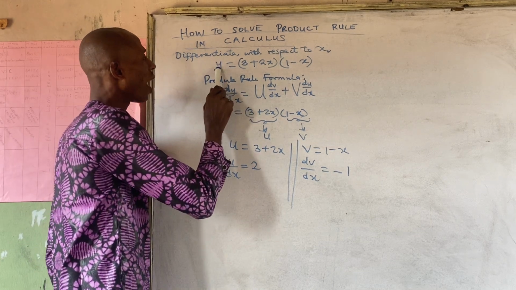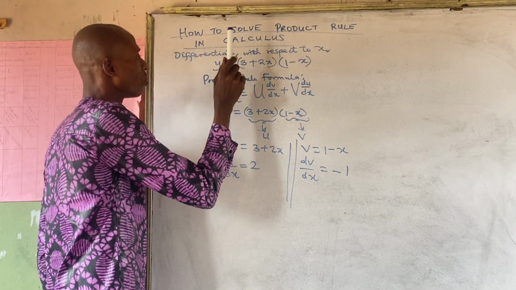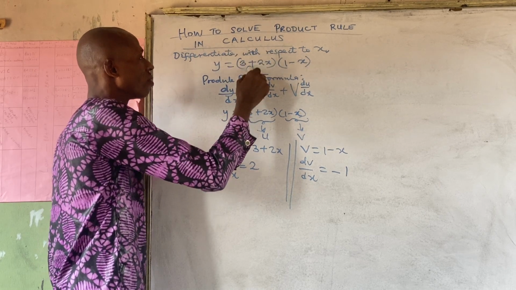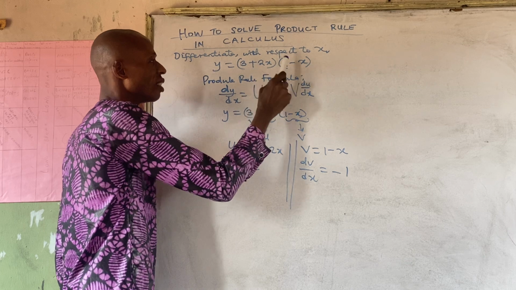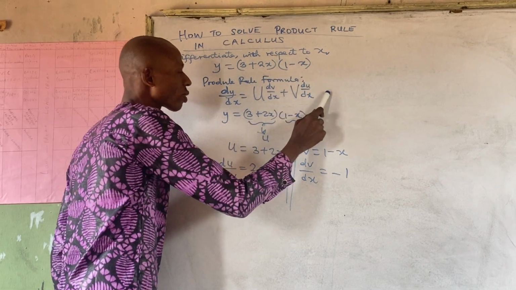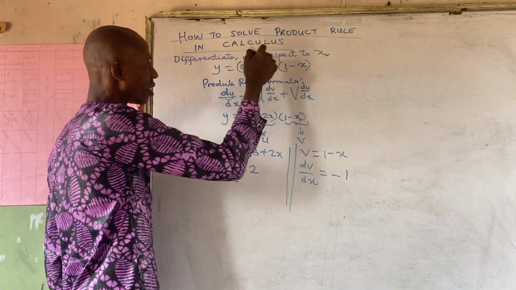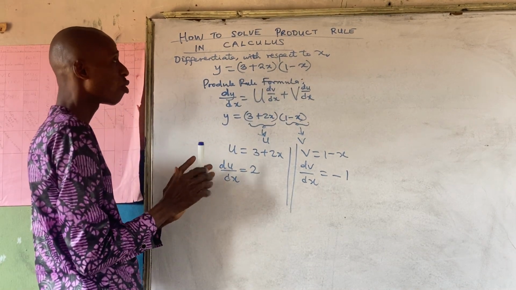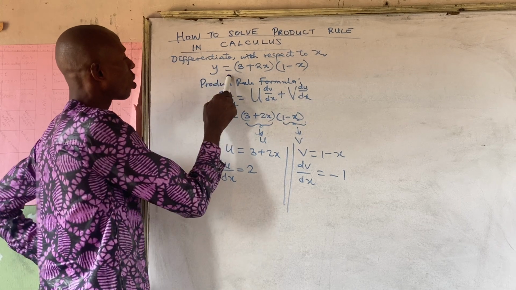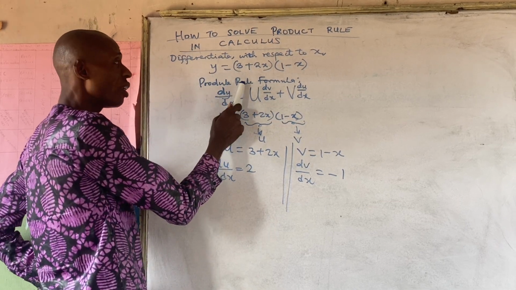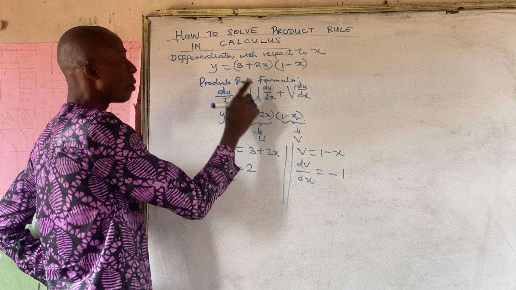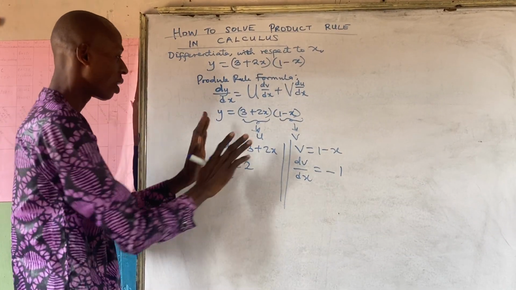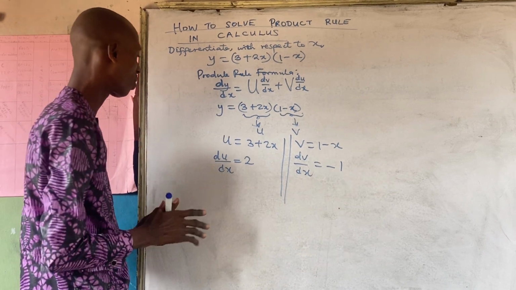You will say y equals this one constant, differentiate this, plus this one constant, differentiate this. Simple way. If I want to solve it now without using any formula, I will just say dy/dx will be, I will hold this constant. That means I will write 3 plus 2x. Okay, I'm coming there. Let me be done with this, and I will show you that very quickly.